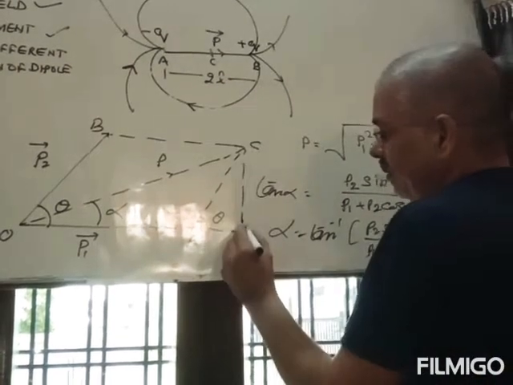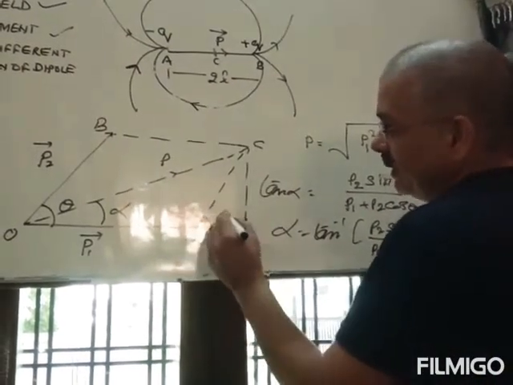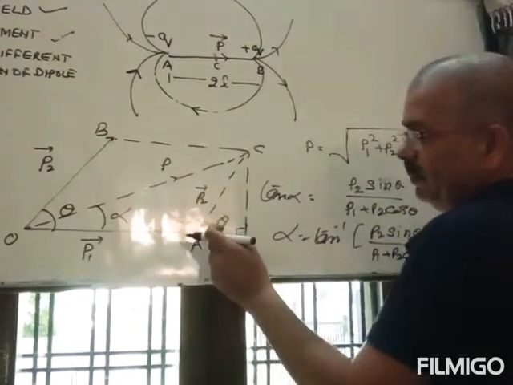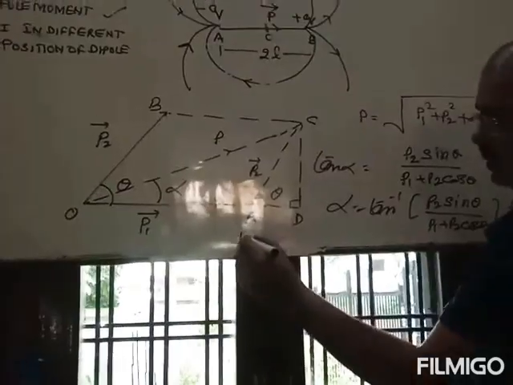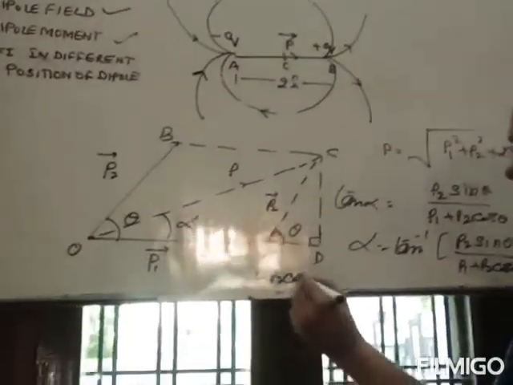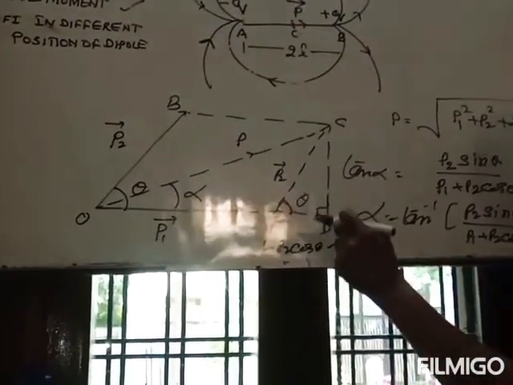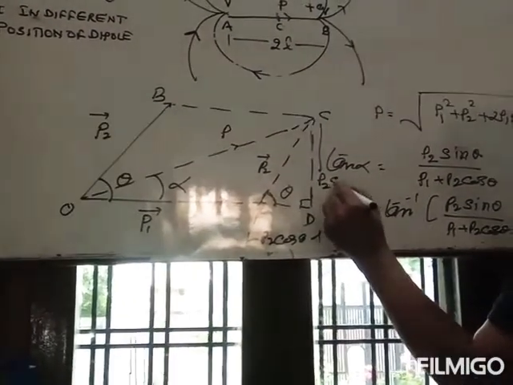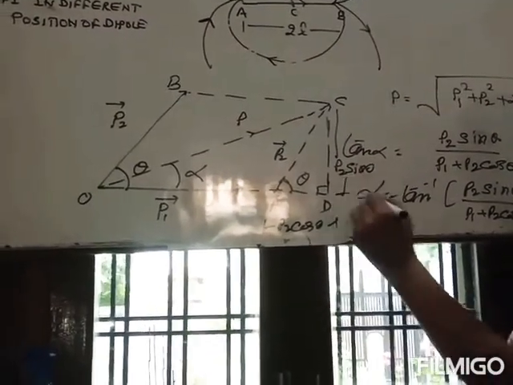See here it is perpendicular. Let this point be D. This angle is also theta. If it is P2, it will also be P2. If we take its cos theta, the base becomes P2 cos theta. If we take sin theta, perpendicular by hypotenuse, the perpendicular becomes P2 sin theta.